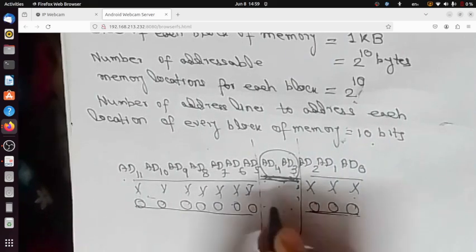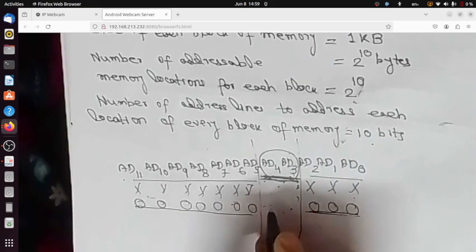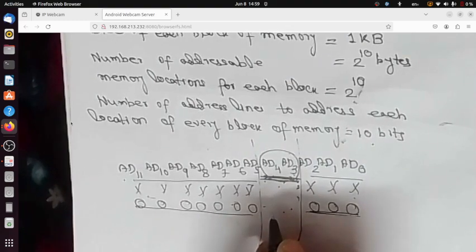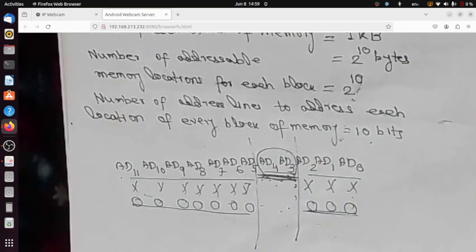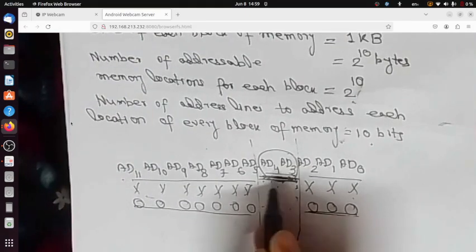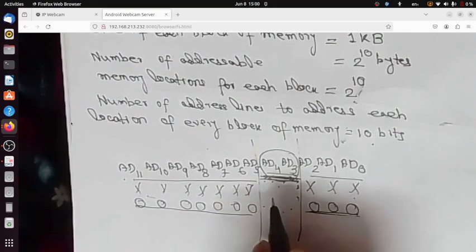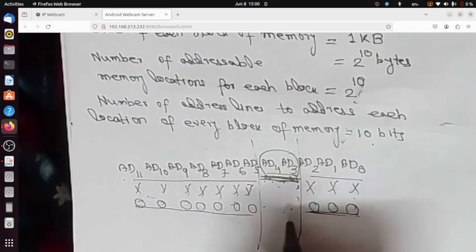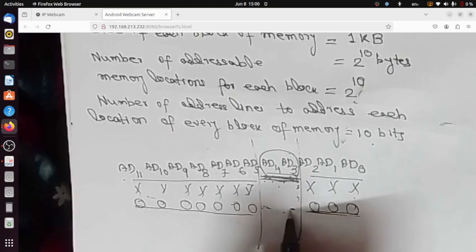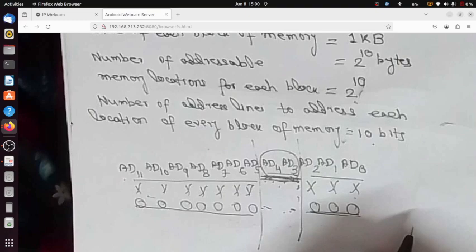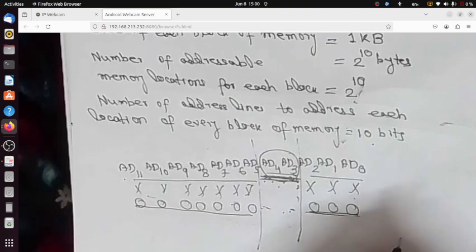To find the total input memory address for the starting location of every block, only these 2 bits, address lines 3 and 4, will differ. We will see for what values of address lines 3 and 4 which block of memory will be selected, and if we write these values in, I will get the starting address for that particular block of memory.